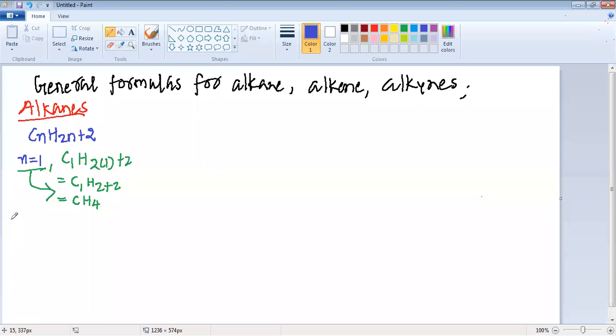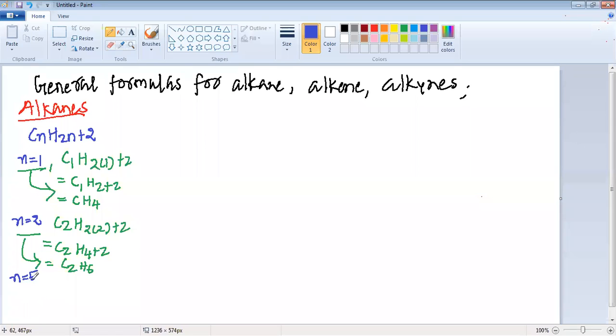If you have n is equal to 2, my dear students, then you can have C2H2 into 2 plus 2. That is C2H4 plus 2. That is C2H6. This is what it is, the second member. Now suppose you want to find out the fifth member. So what you will do, you will take n is equal to 5.